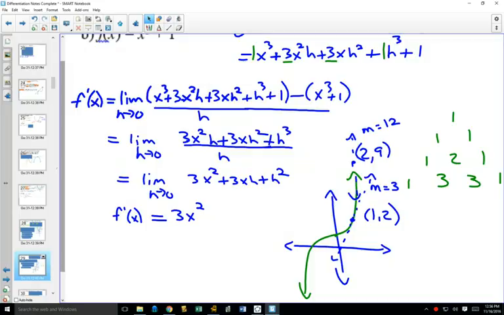And an interesting thing in this one is what's the slope going to be when x is 0? What's the slope of our tangent going to be when x is 0? The slope is going to be 0.